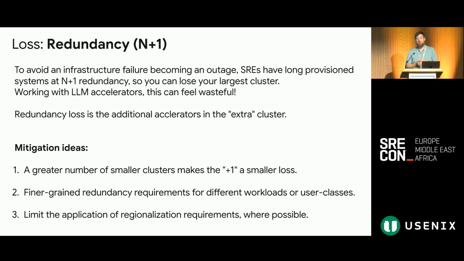So if you have some features that are interactive and some features that are more like a pre-generation or sort of a nice-to-have feature, you could adjust the deployment of the accelerators for those to be different. And maybe a hint is that regionalization, where you have to have an EU version and a US version, makes this even more painful. So that's also something where you want to keep the redundancy under control.